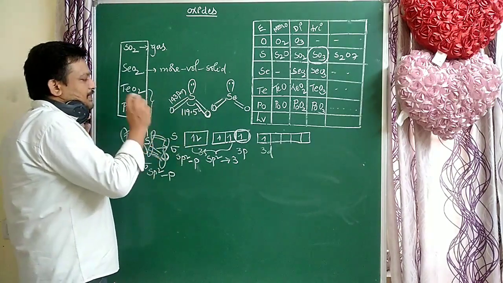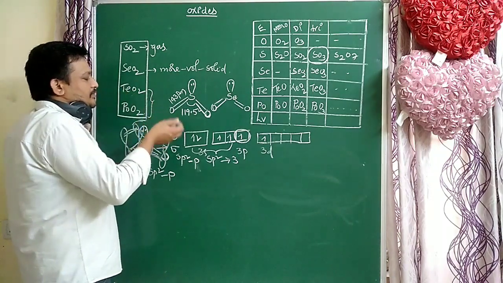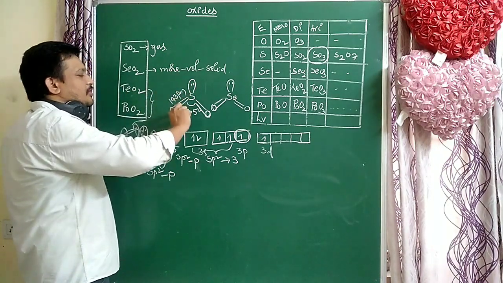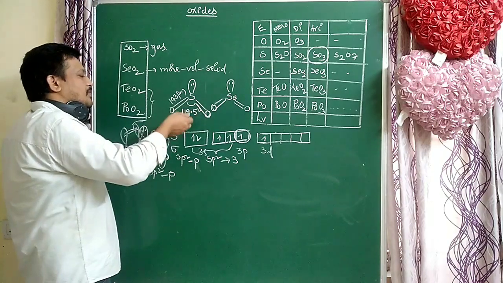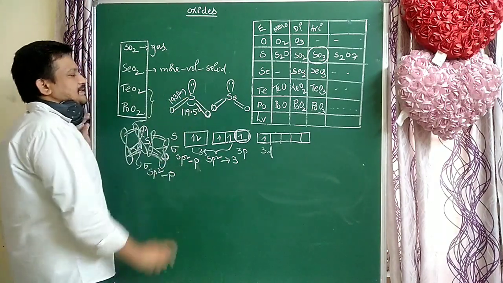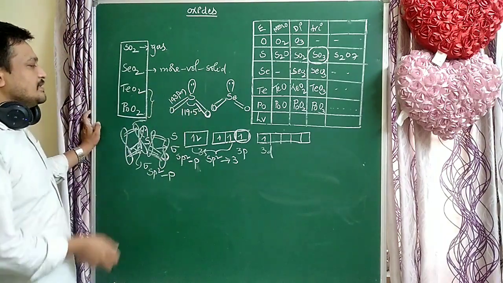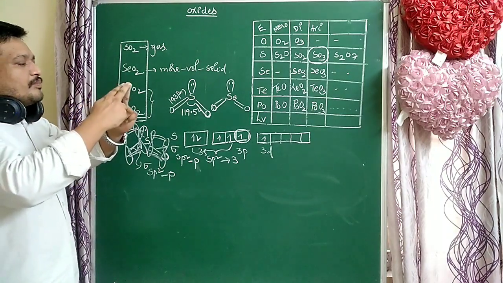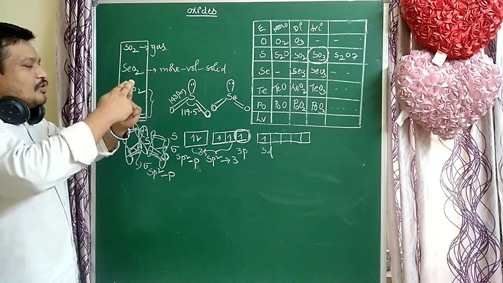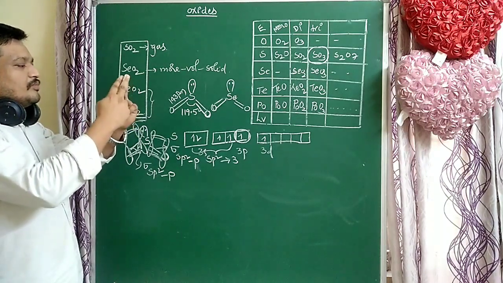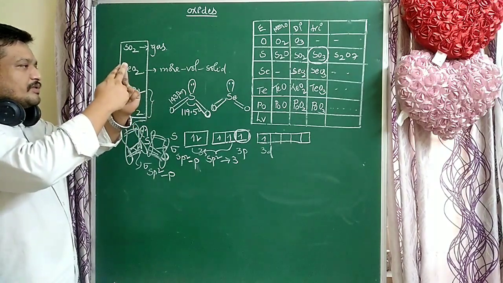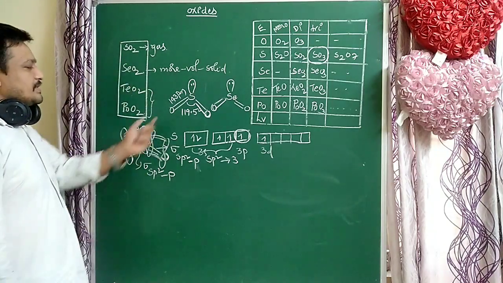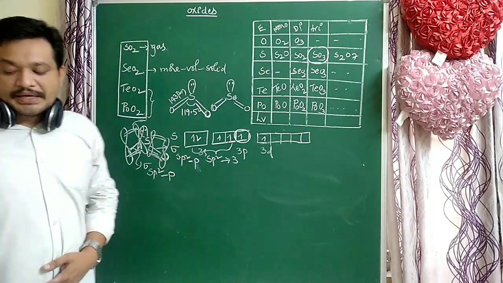So sp2 bond angle is 120. Here lone pairs are there, so the bond angle decreases, but only slightly, because multiple bonds have greater repulsions.